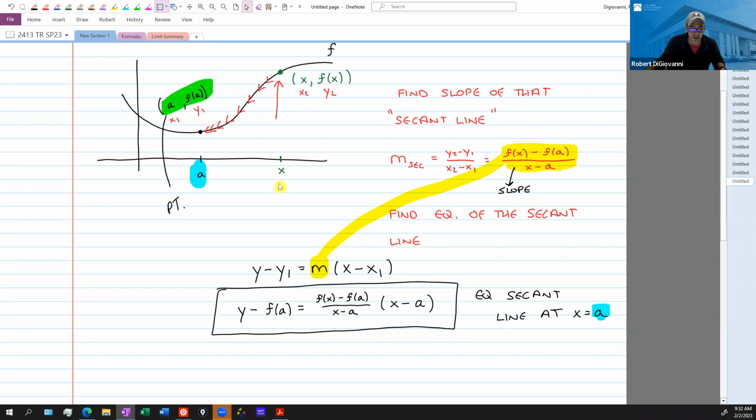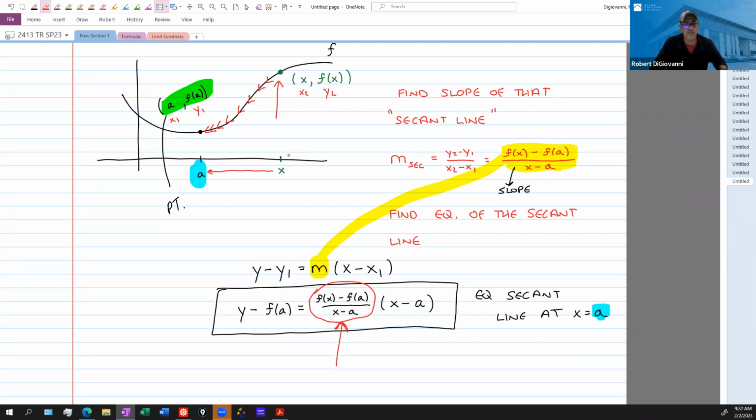If I move this x all the way over and the x becomes an a, do y'all see that right there? That would basically give me 0 over 0. I'd get 0 on top and 0 on the bottom if I replace the x with a. So I don't want to replace x with a. What I want to do is let x get closer and closer to a, without actually ever getting there.